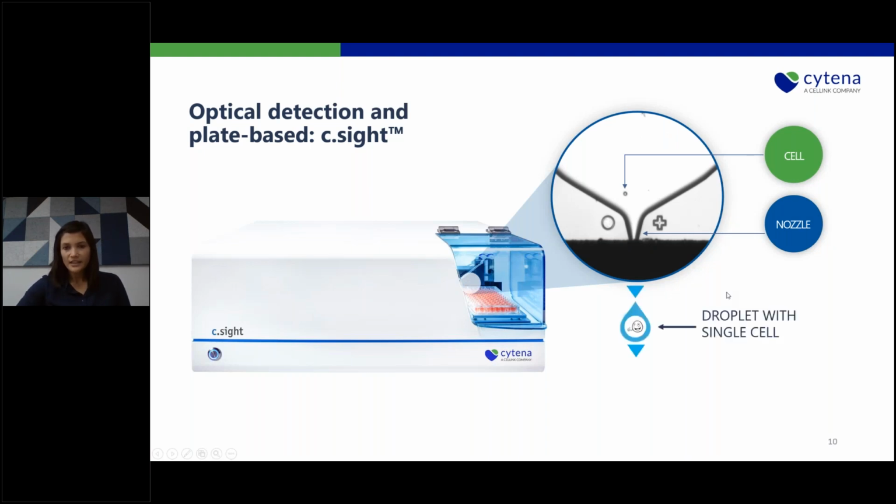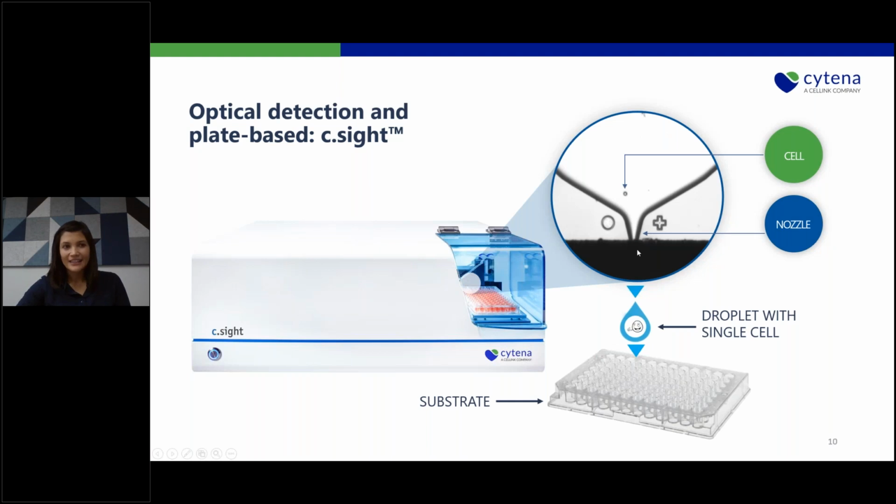If this droplet contains a single cell, and this single cell fulfills all the properties you want to have, then the droplet will be directly dispensed into your substrate of choice. This nozzle here is about 40 micron in size for the C.SIGHT. For the B.SIGHT, we would have a smaller one.